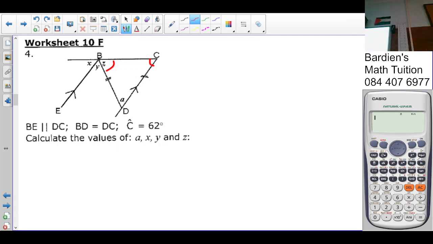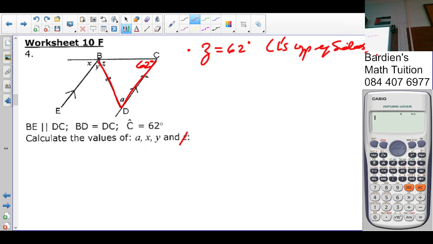The question says calculate the values of A, X, Y, and Z. So if 62 degrees lie here, what can be determined from this point? Z. Easy. So Z is equal to 62 degrees. Why? Angles opposite equal sides. What can be calculated now? Sum of triangles, if you want to calculate the value of A. Okay, so that's 62.